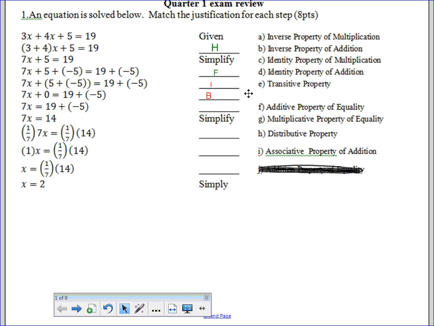Next up, this changed to that. So 6x plus 0 equals 6x. The property being displayed here is that if we add 0 to something, it doesn't change its identity. So this is the identity property of addition.